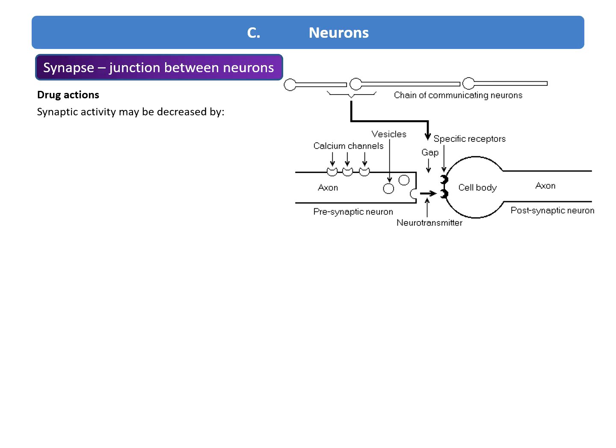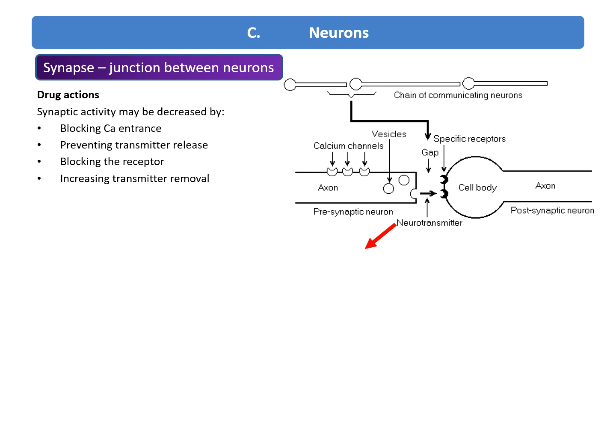Synaptic activity may be decreased by blocking the entrance of the calcium channel, preventing transmitter release, blocking the receptors, increasing the removal of the transmitter.